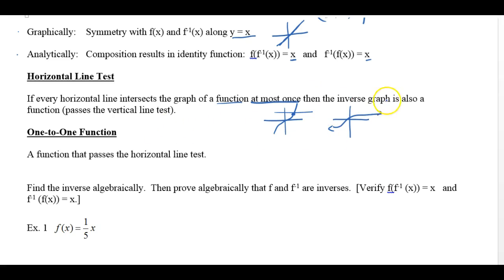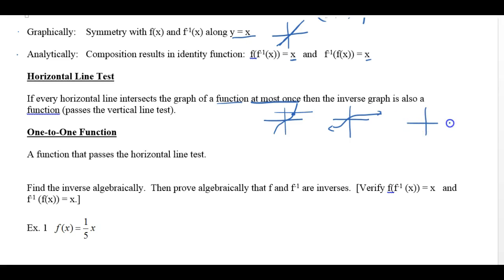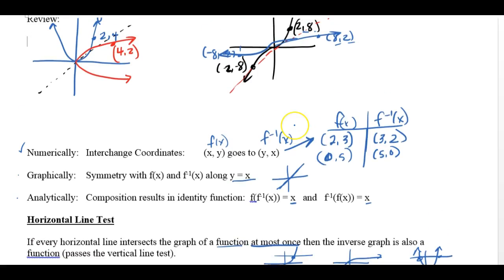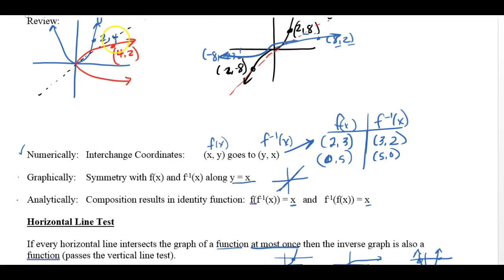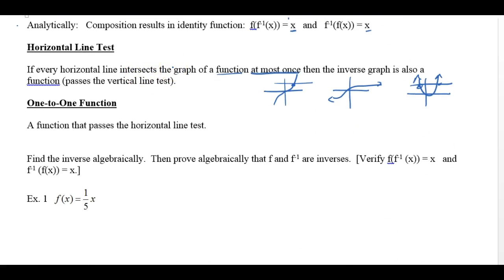Now, what wouldn't pass is our parabola. If you draw a horizontal line, it crosses 2 times. So the inverse of this is no longer a function, which if you go back to what we did before, this red one is not a function. It does not pass the vertical line test. So they go hand in hand, but the horizontal line test is the one that is uniquely for inverses. A one-to-one function is a function that passes the horizontal line test. That's what we call it.